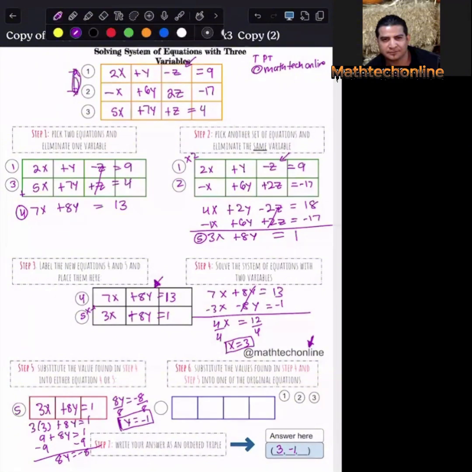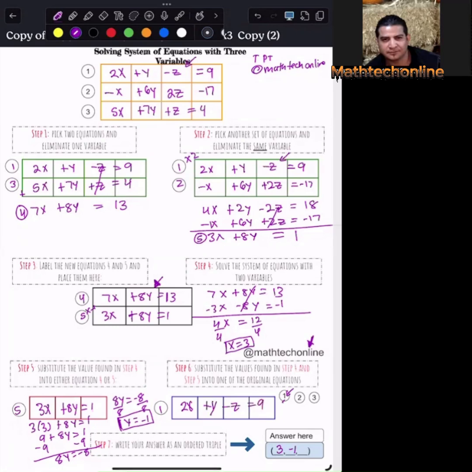I think we should plug it in on the first one. So I'll pick equation 1: 2 times x plus y minus z equals 9.